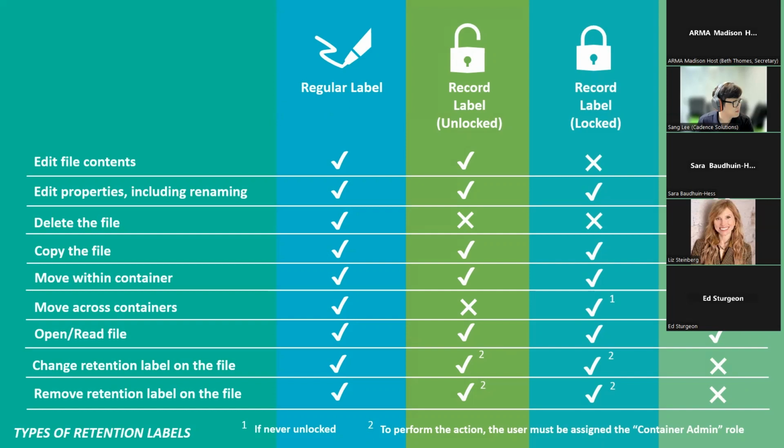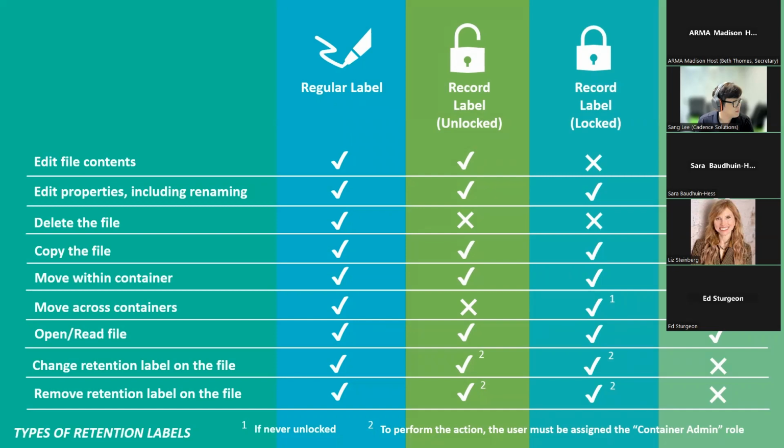Now, for the record label, I'll explain the unlocked first and the locked afterwards. When a record label is unlocked, users can edit the file. They cannot delete the file as mentioned before, but they can edit it. One thing to note is they cannot move across containers.